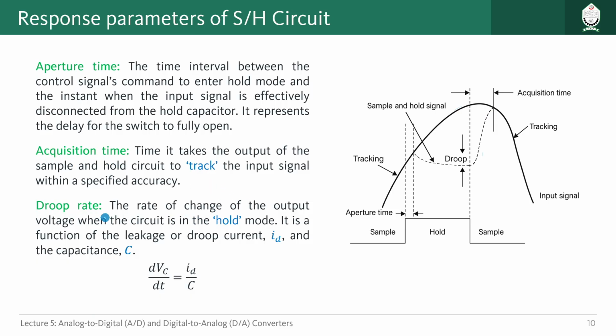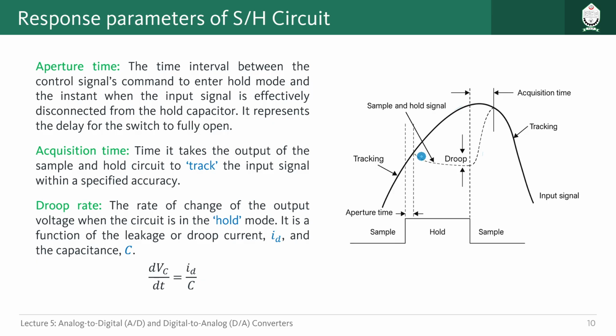Okay, and finally droop rate. It is the rate of change of the output voltage whenever the circuit is in hold mode, because you know nothing is ideal. Even the capacitor has some leakage current, and because of that the voltage can drop, and this is this droop, right? So droop rate is basically the rate of change of that output voltage.